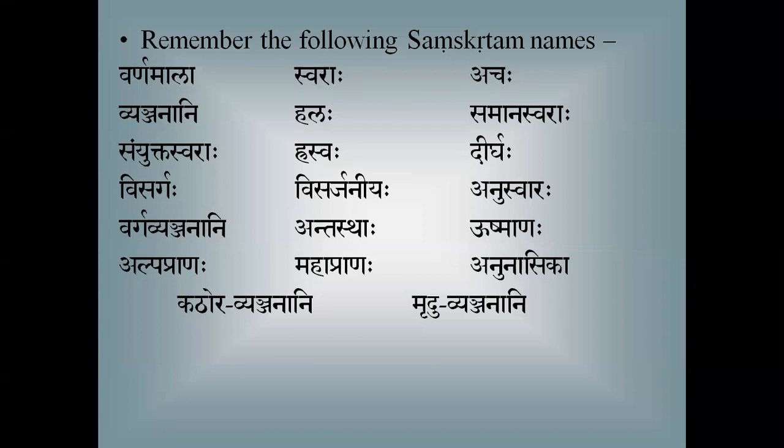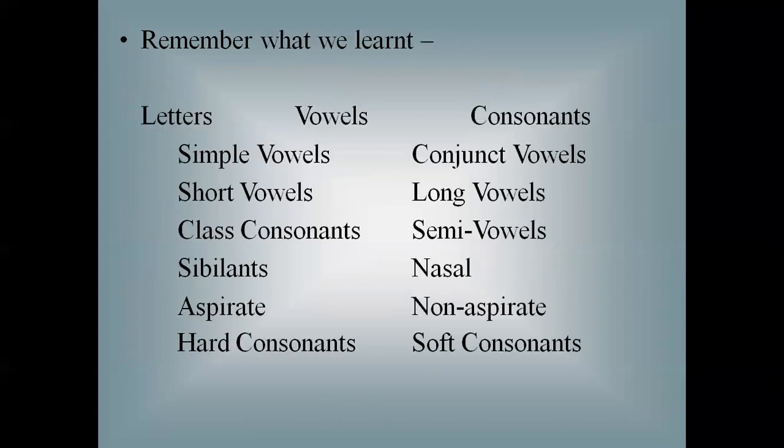All these transliterations were given before in the slides, so here I have not given them. These are the Samskrita words we used so far, so you can be familiar with these words. And what we use is letters, vowels, consonants, simple vowels, conjunct vowels, short vowels, long vowels, class consonants, semi-vowels, sibilants, nasal, aspirate, non-aspirate, hard consonants, soft consonants. This is what we have seen in the last 3 plus today's class, 4 classes. So we can remember what we studied.